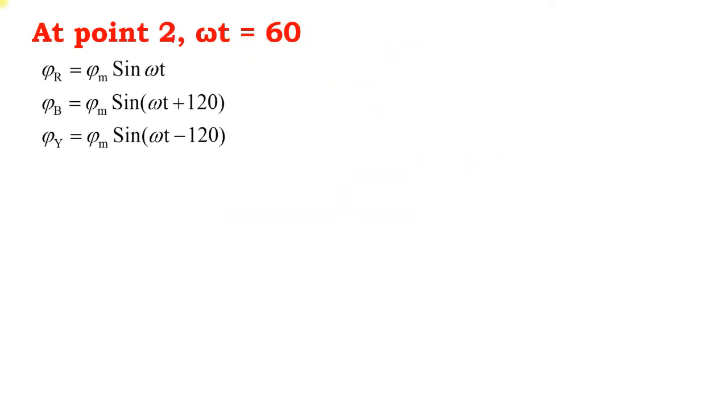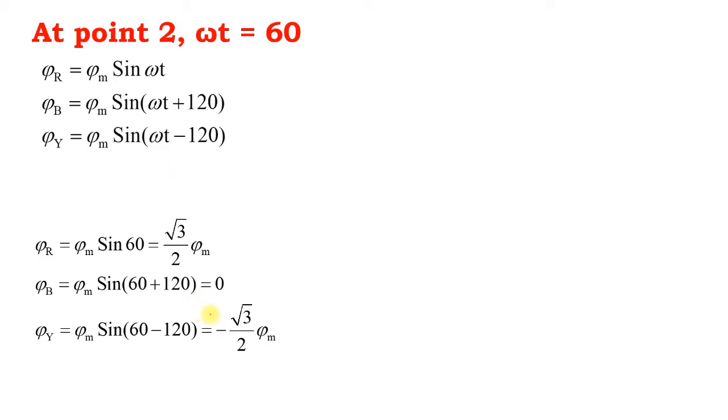The next instant, we'll put omega t equal to 60 degrees in these three flux equations. This is the result, and this is the vector diagram for these equations. Let us reconstruct this vector diagram when omega t is equal to 60 degrees.